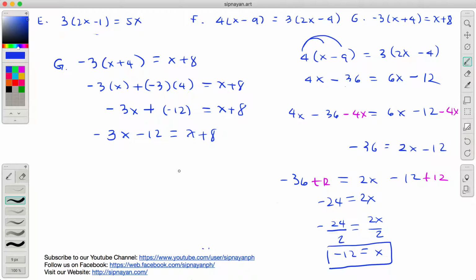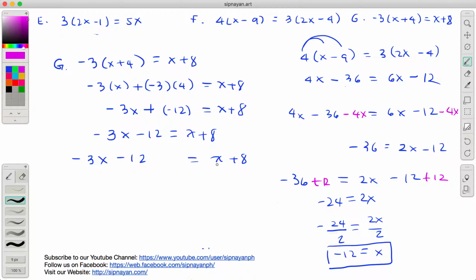Now, we can subtract x from both sides, no? Gusto nyo sabayin na? So, pwede natin sabayin ilipat tong minus 12. Tatanggalin natin to. And at the same time yung x, no? So, paano natin yung gagawin?